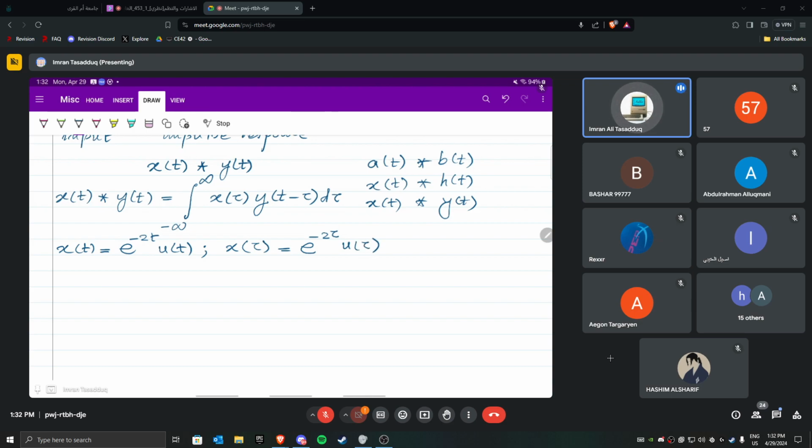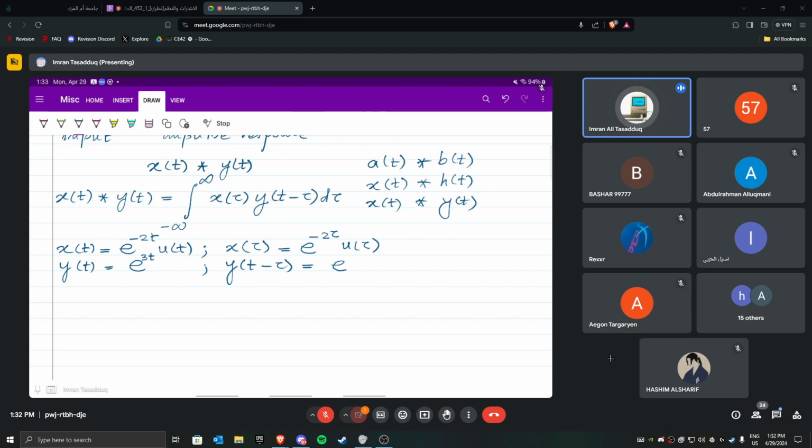Then the question needs y of t minus tau. Since y of t is given as e to the power 3t, help me, what should I write here for y of t minus tau?